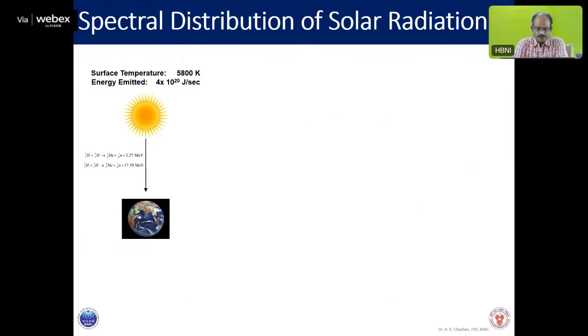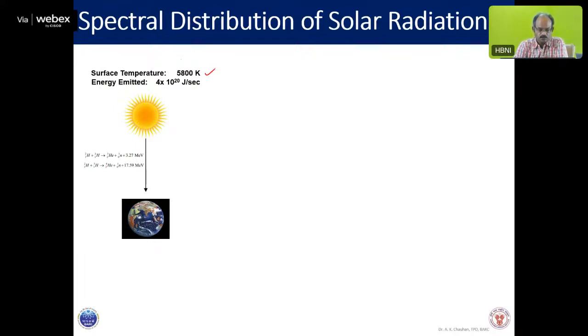So today now we will see the solar photovoltaics. So what is the source of energy which we receive from the sun? We consider the sun as a hot object having 5800 Kelvin temperature. That is the temperature of the outer core.